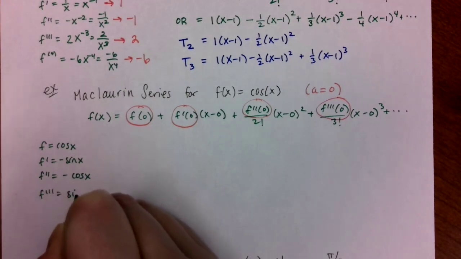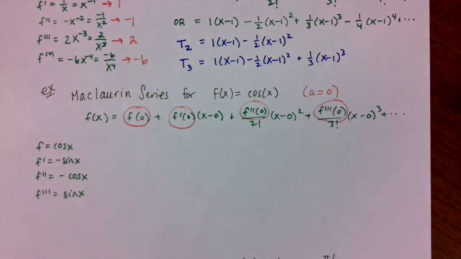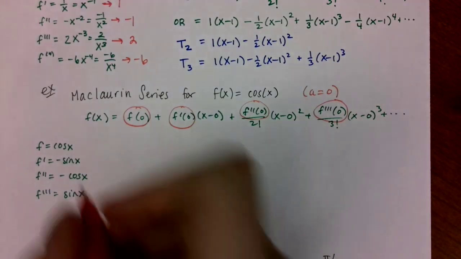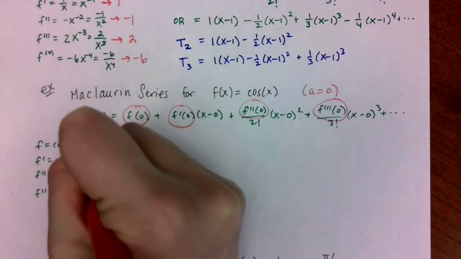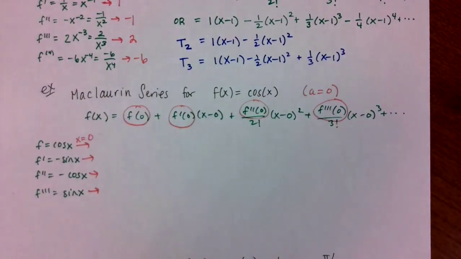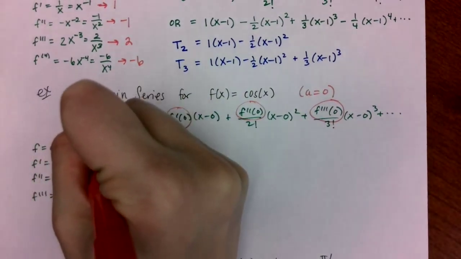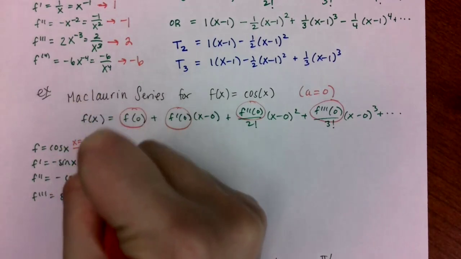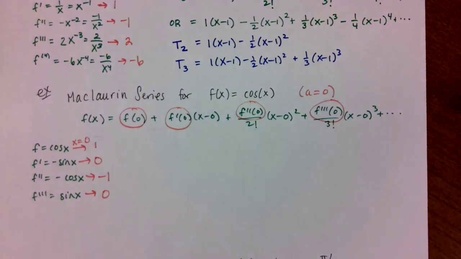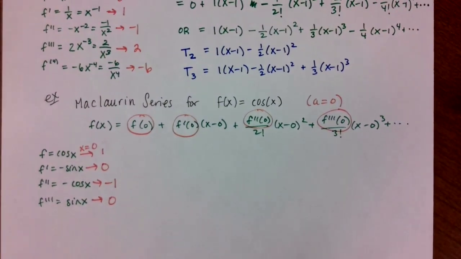And then we go back to positive sine because we would have negative sine. All right, so let's plug 0 into all of these to get the numbers that go in these spots. Cosine of 0 is 1. Sine of 0 is 0. So I have 1, 0, negative 1, 0.